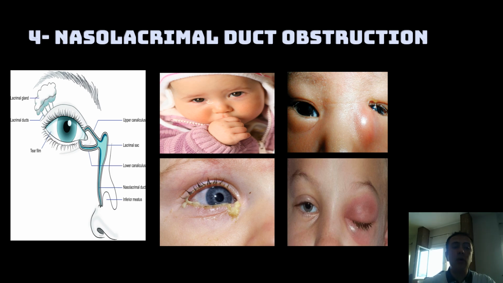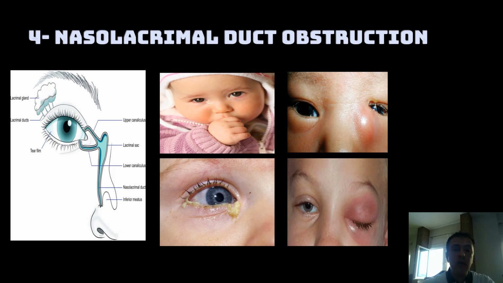Let's start from the beginning. What is the lacrimal outflow system? It starts with puncti on the interior of the eyelid, then passing by the canaliculi that will collect tears into this lacrimal sac that will end up in nasolacrimal duct, which opens in the inferior turbinate. So the main part of the nasolacrimal duct is hidden behind the skull bones in this place.